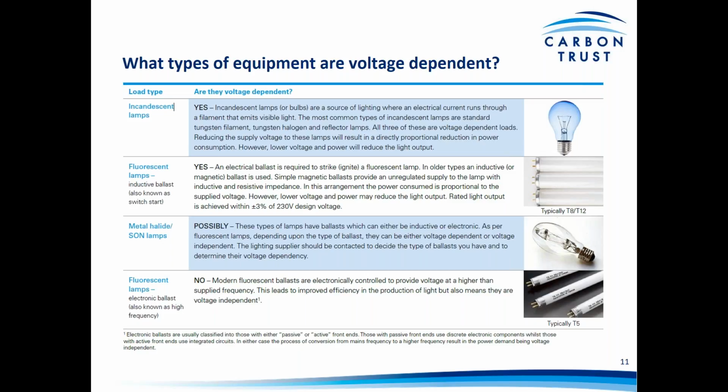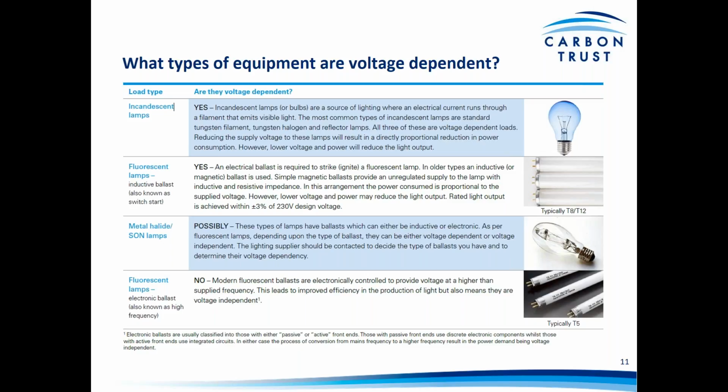Just one thing to highlight here with applying voltage management to voltage dependent lighting is that the lower the voltage and power, then the lower the light output you will actually get. So you will effectively see some reduction in the light output if you apply voltage management techniques to voltage-dependent lighting.